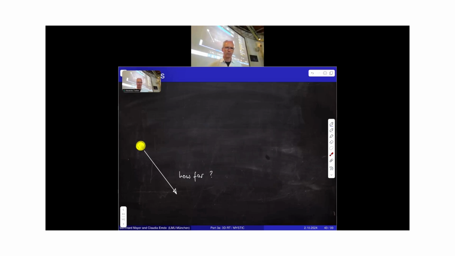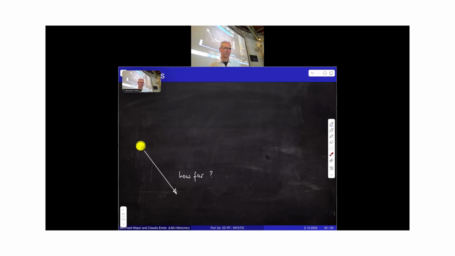And this is the most important process within a Monte Carlo model. You have a probability distribution, and you have to sample from this probability distribution. The probability distribution for the step width is essentially Lambert-Beer's law again, because that tells you how many photons survive after a certain distance.